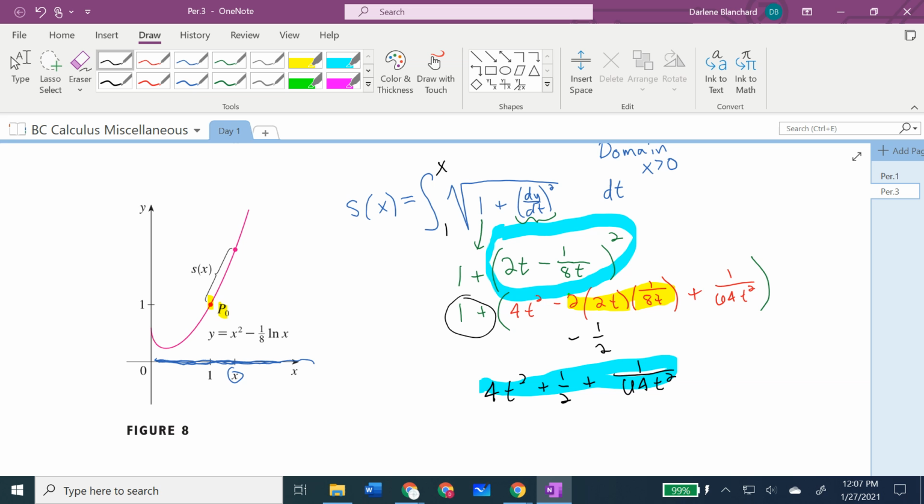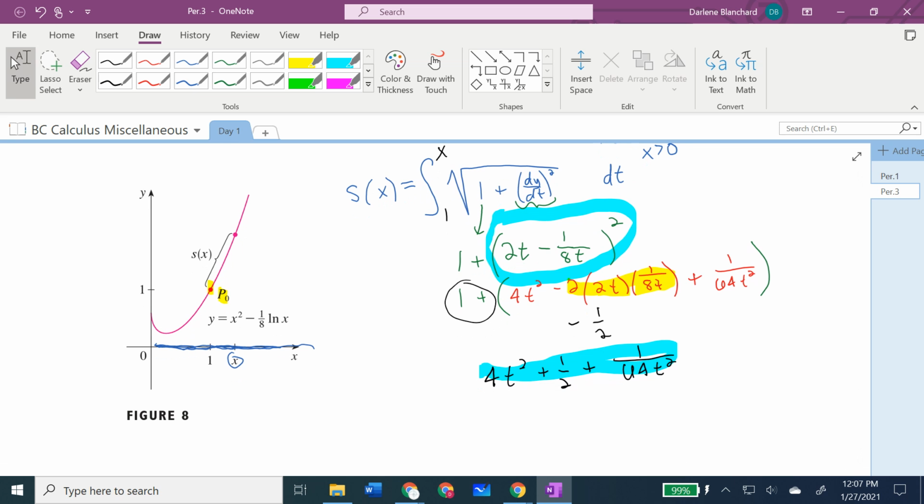And this is a unique type of integral that for some reason textbooks love to throw your way to play with the algebra. And if you don't see this algebra trick, you could end up getting very frustrated. So the entire piece under that square root factors into a perfect square with a plus instead of a minus with the 1/8t.